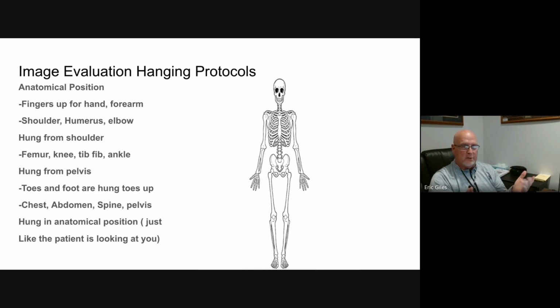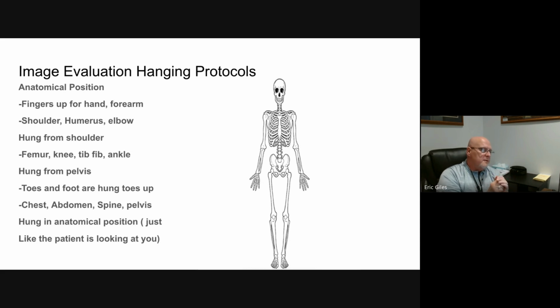Same thing with elbow. The humerus needs to be up. The proximal radius and ulna need to be down, okay? And the elbow right in the middle. So I hope that makes sense. So shoulder, humerus, elbow, you hang them from the shoulder. Fingers, hand, forearm, wrist, you hang them from the fingers, okay?